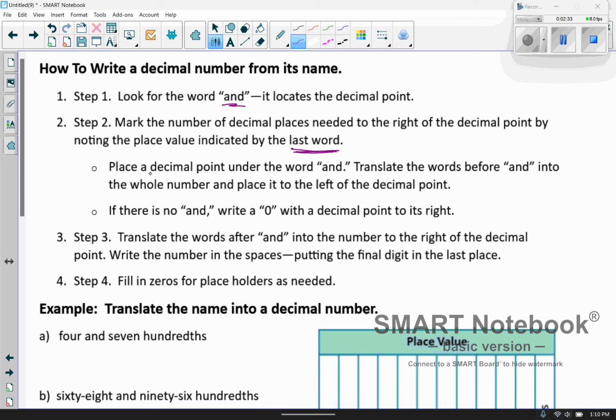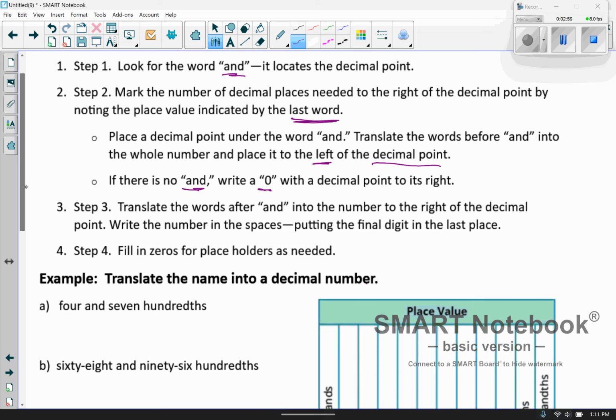Place a decimal point under the word and, then translate the words before and into the whole number and place that to the left of the decimal point. So what comes before and is going to be our whole number to the left of the decimal. If there is no and, then we're just going to start with a 0 and then put a decimal point to the right of that initial 0 to start. And we'll see an example of both types.